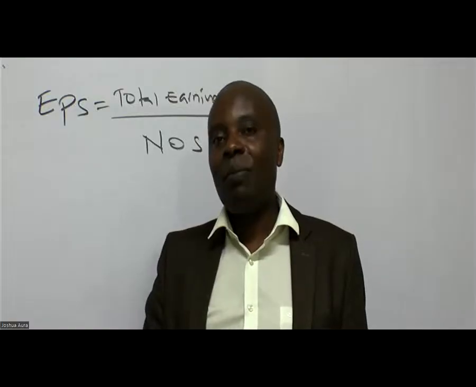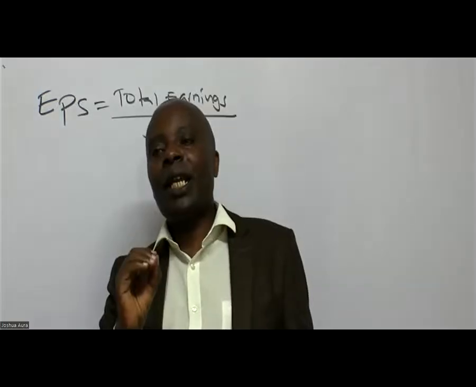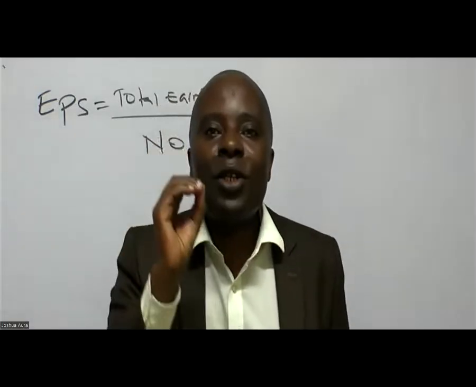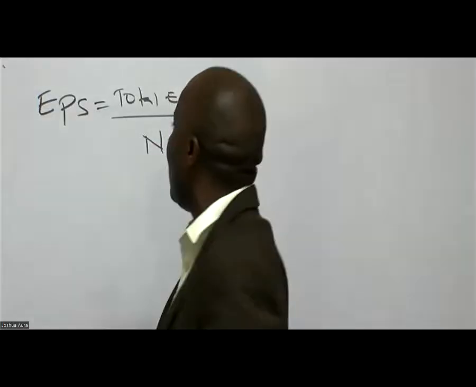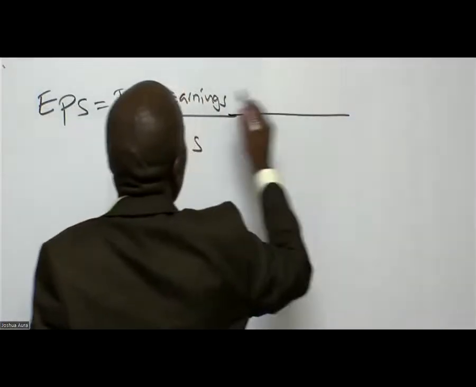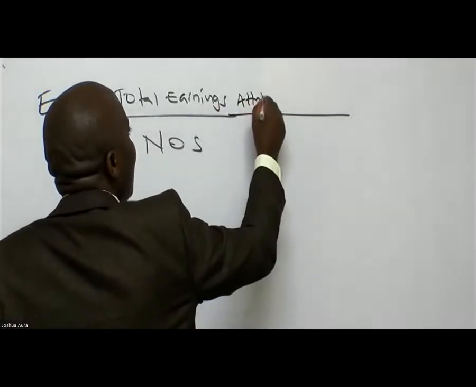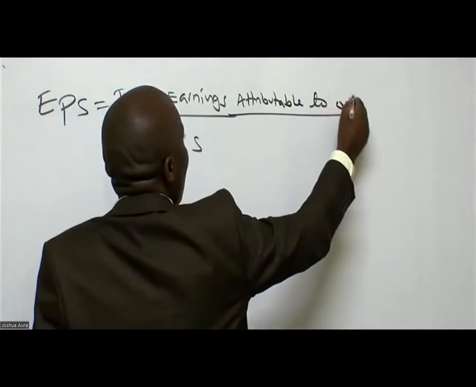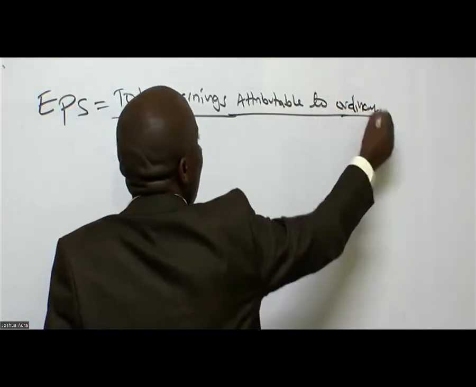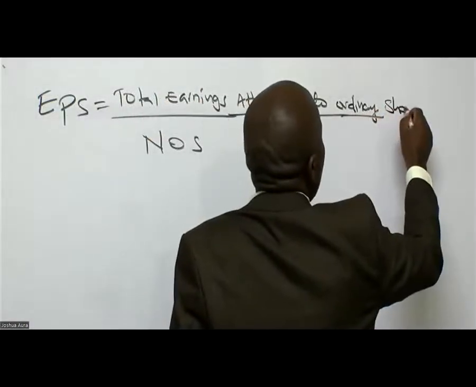But which earnings are we looking at? These are basically earnings which are attributable to ordinary shareholders. So please qualify these by saying that these are total earnings attributable to ordinary shareholders.